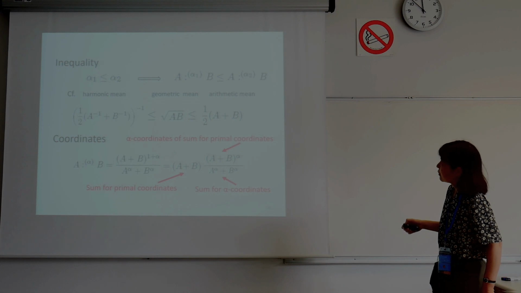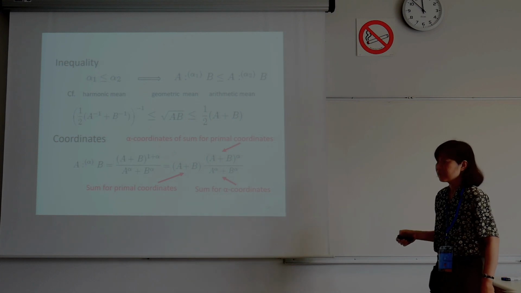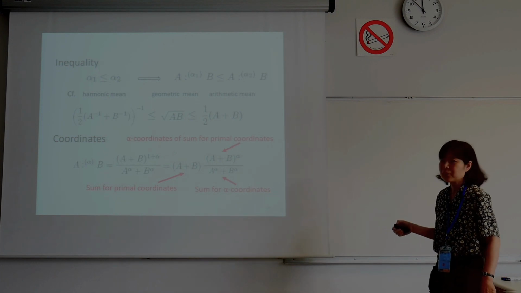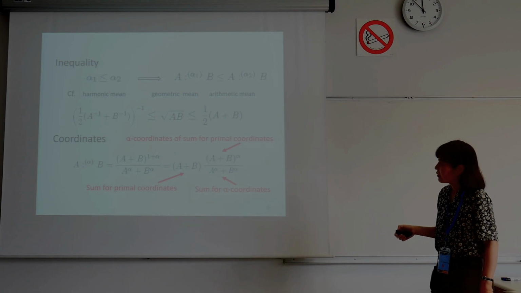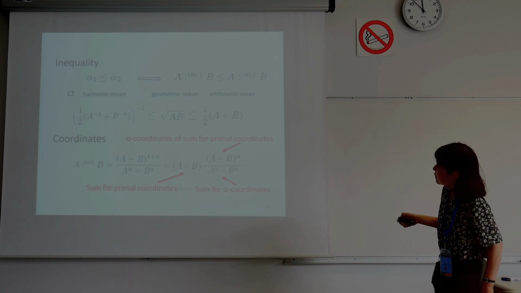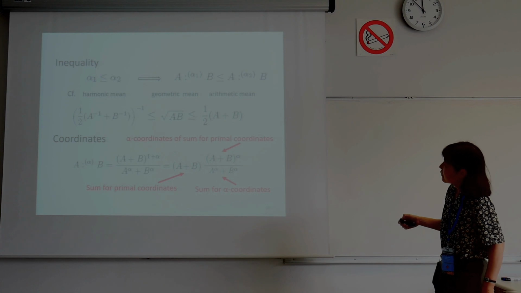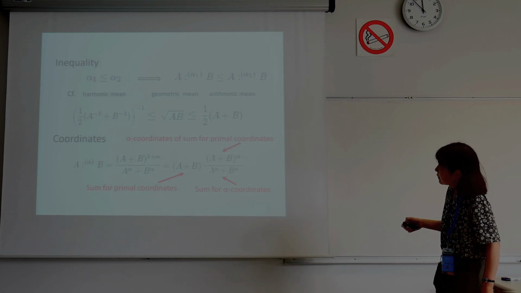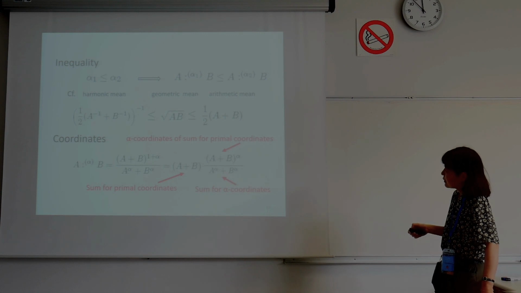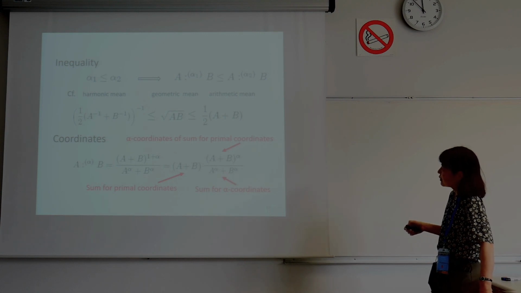Primary means the information geometric concept. This part is the alpha coordinates of the sum of primary coordinates. And this part is the sum of alpha coordinates.